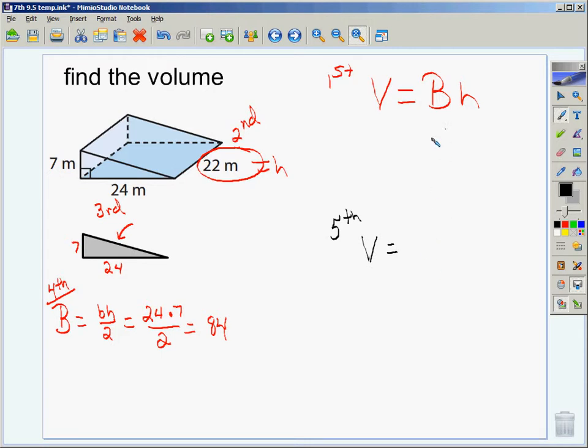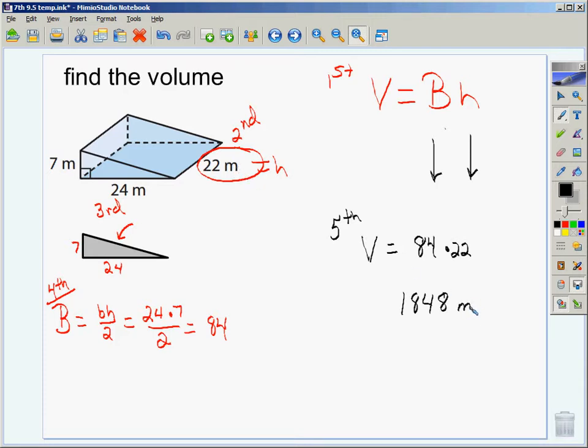What do I replace this B with? 84. What do I replace this H with? 22. And I'm going to take 84 times 22. 1,848.